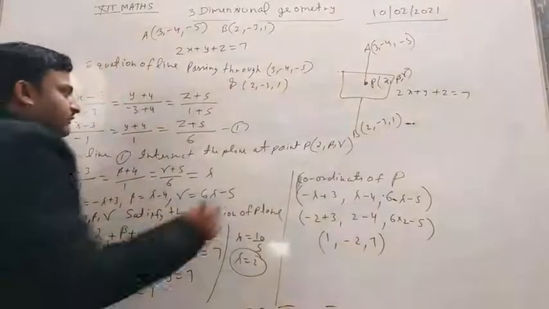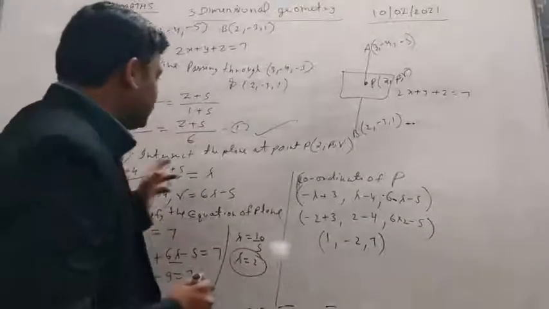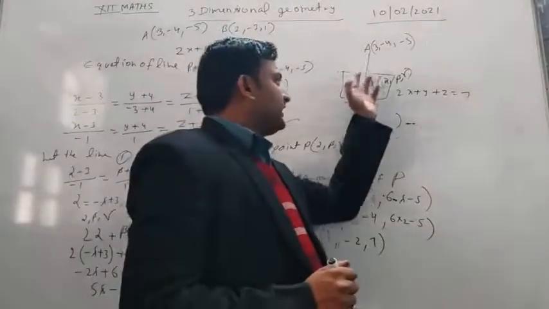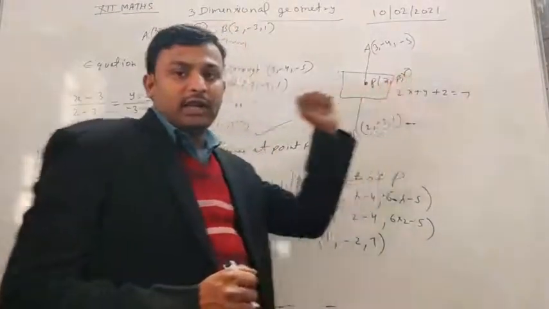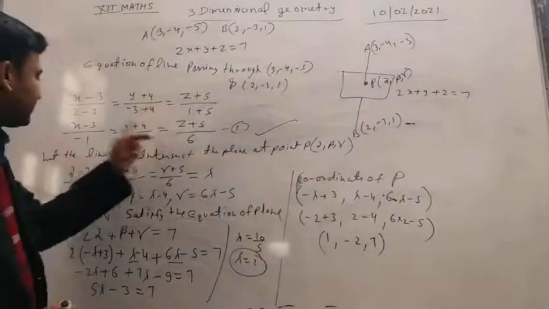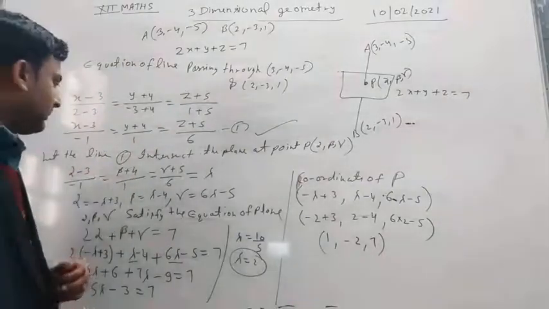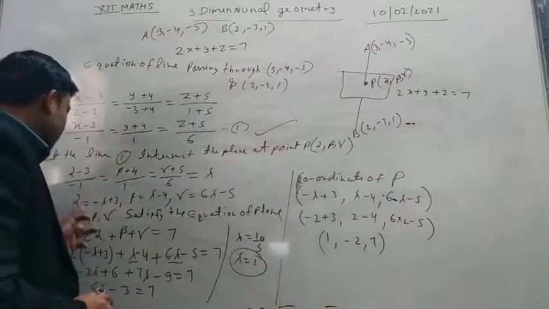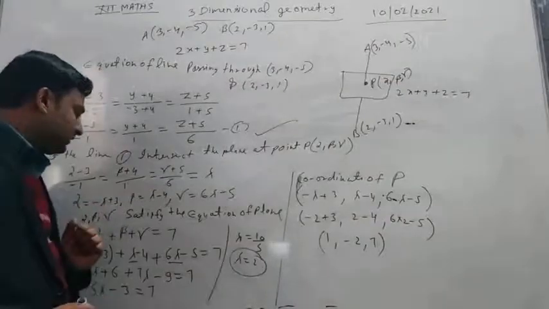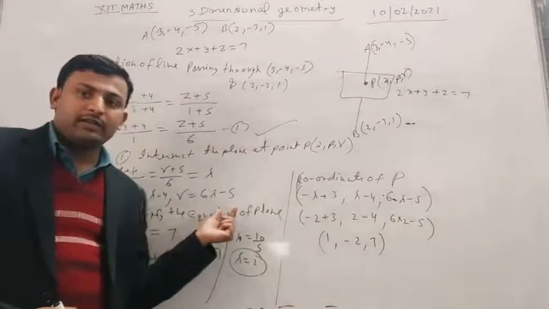So we get the equation first from here, and now students, we let the intersection of this line and plane be the point alpha, beta, gamma. So this will satisfy the equation of this line. So we satisfy that equation with the point alpha, beta, gamma. We get alpha is minus lambda plus 3, beta is lambda minus 4 and gamma is 6 lambda minus 5.